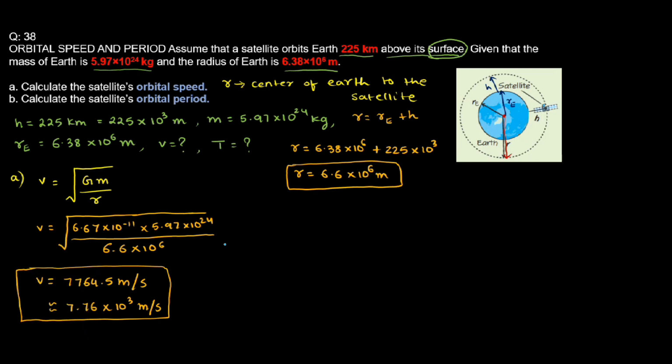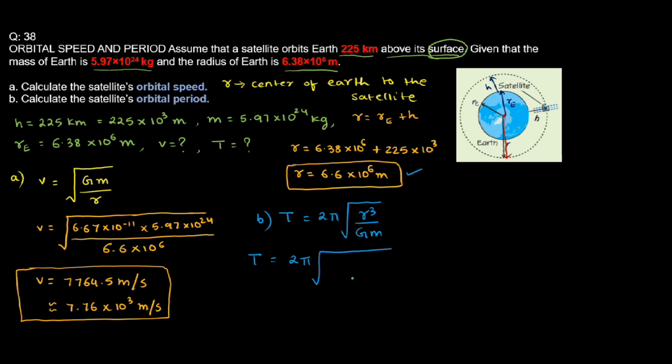Second part of the question wants me to find the orbital period. And the rule for orbital period T is 2 pi square root r cube over capital G M. Let's substitute for that. 2 pi square root. Again, the r over here is the distance of the satellite from the center of the Earth.